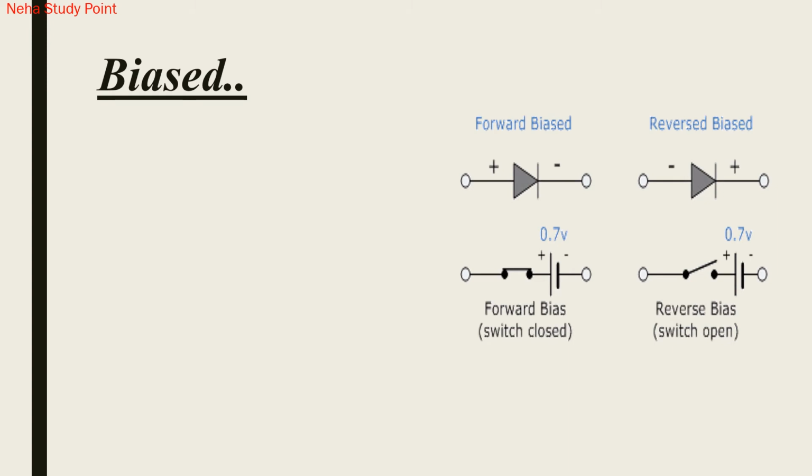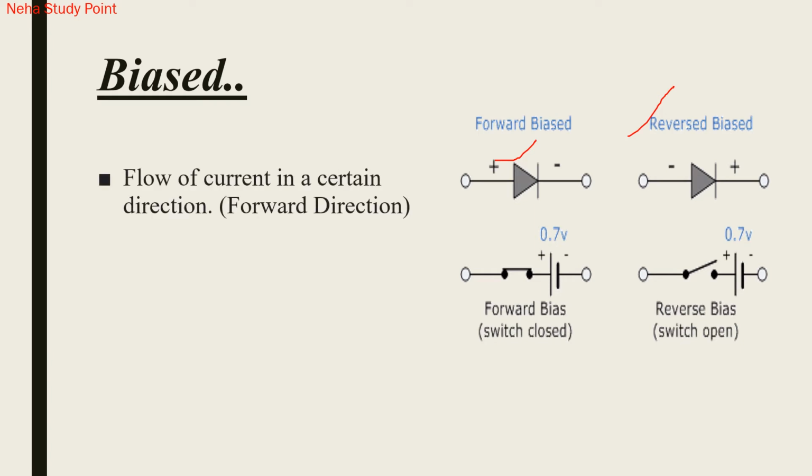Forward bias means a flow of current in a certain direction, the positive direction, positive to negative. If the direction is changed to the opposite, negative to positive, that is called reverse bias. In reverse bias the resistance is high, and in forward bias the resistance is low.